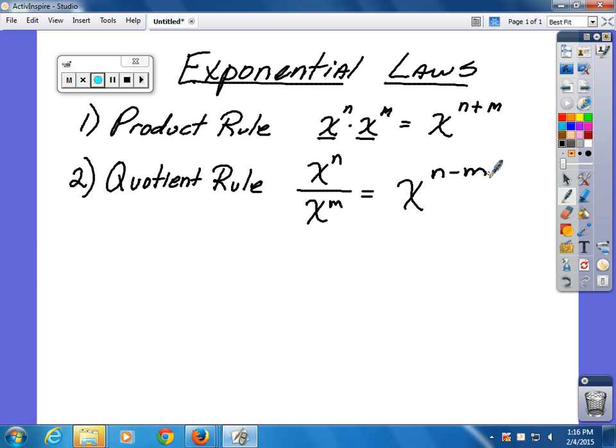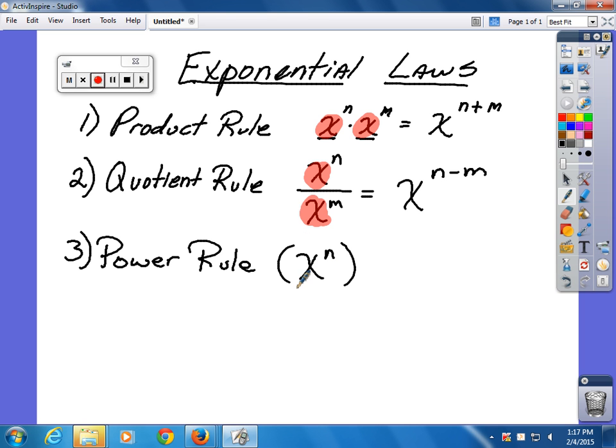So we'll take the red marker. The next rule is called the power rule. The power rule says that if you raise an exponent to another exponent, what can you do to the exponents? Multiply them.